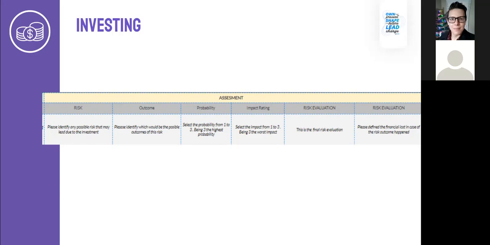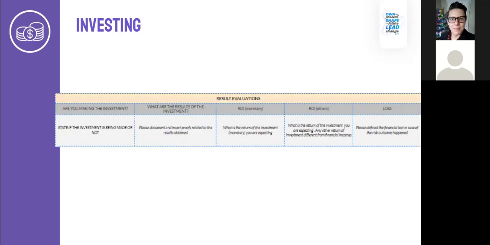The impact is also measured from 1 to 3, 3 being the highest impact, and the risk evaluation. In this case, you can also check the risk management tool and the risk management education, so you can know more about risk management. In this case, we are just complementing the investing tool here with a risk assessment.